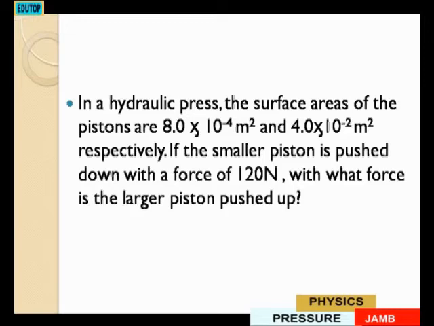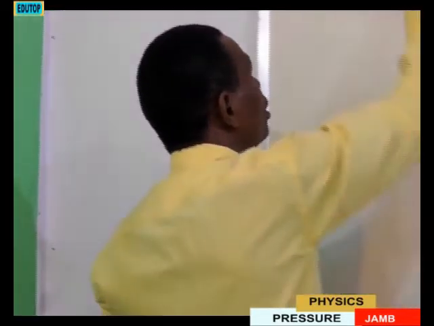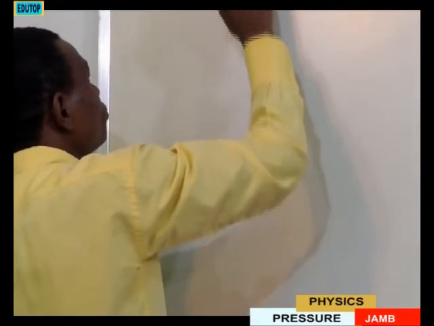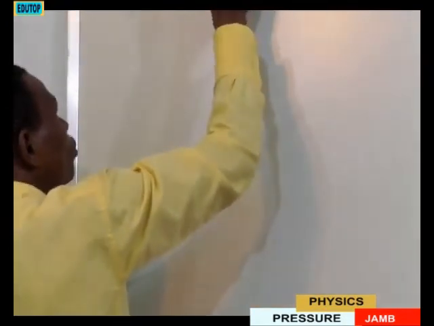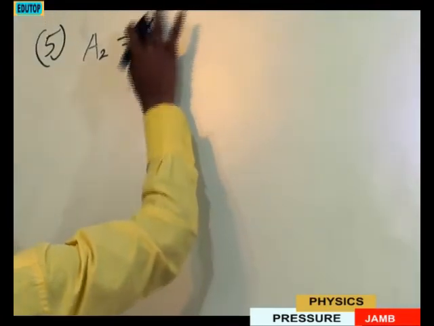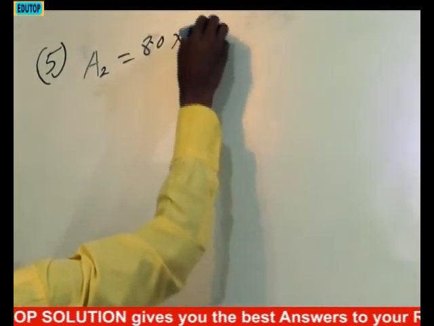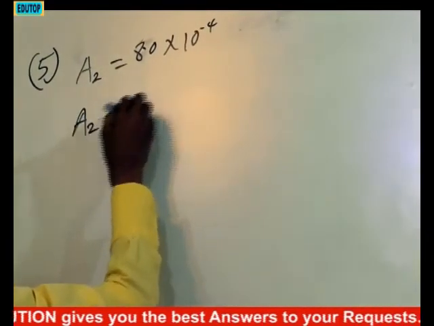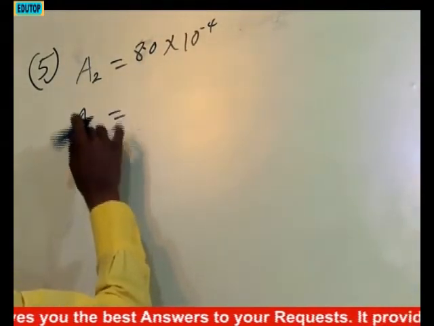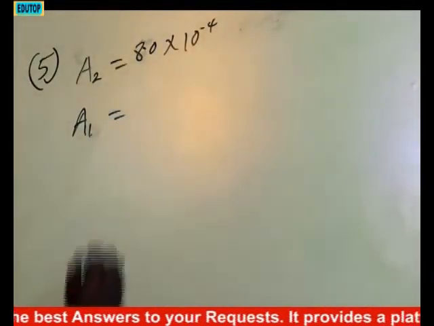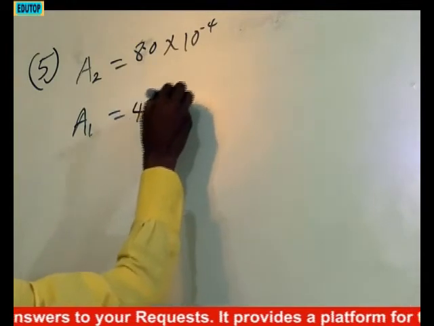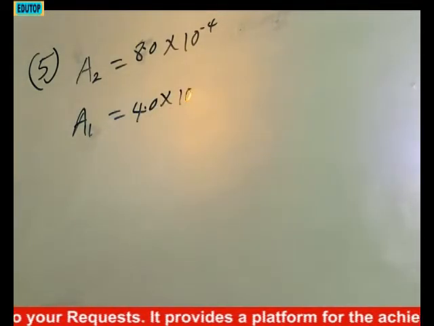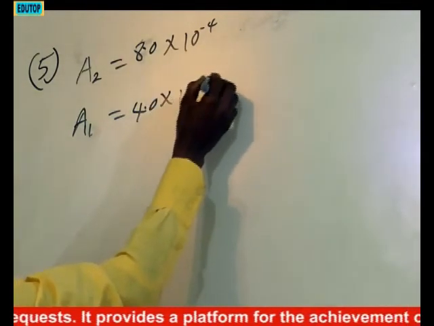We are given the surface area of the pistons. For the larger piston, A2, as I've given to you in the formula, is 8.0 times 10. For the smaller piston, which is A1, it is equal to 4.0 times 10 raised to power minus 2.